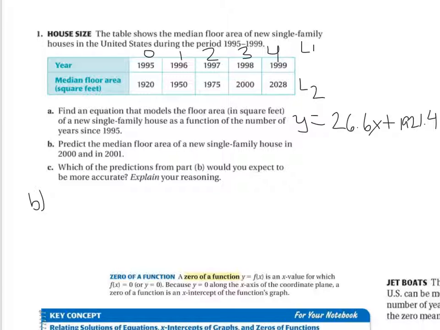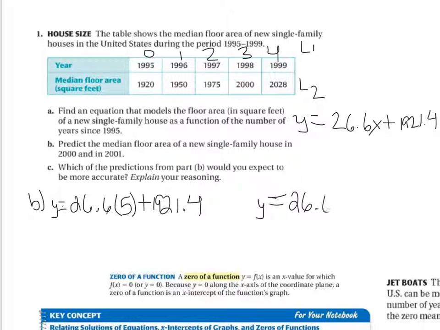For part B here, you're going to do y equals 26.6 times 5 plus 1,921.4, and calculate that in your calculator. And then for the second part, you're going to do y equals 26.6 times 6 plus 1,921.4. The reason we're using 5 and 6 is because remember, the x's are the years since 1995. Okay? So just plug those in, hit enter. You should be able to get a good answer, okay?